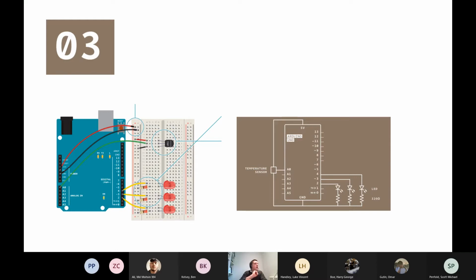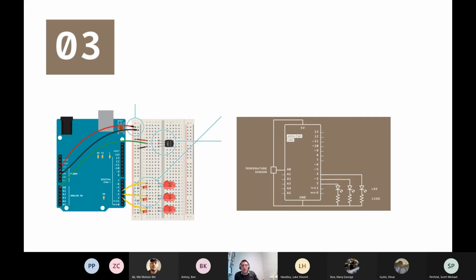Another circuit. This one looks pretty similar in some ways to before. We've still got 3 LEDs, which we want to connect up somehow. But you can see in the block diagram, there's this new thing, which is a temperature sensor. And so, again, we can immediately divide up our thinking into sensors and actuators. The temperature sensor, it's right there in the name, it's a sensor, and the LEDs are a type of actuator.